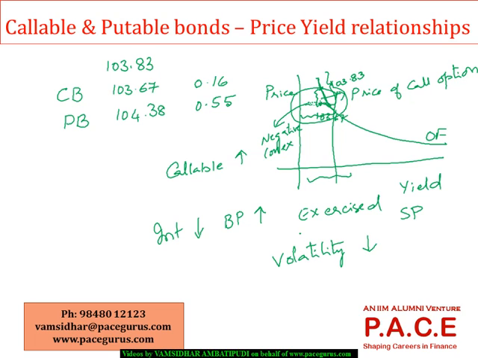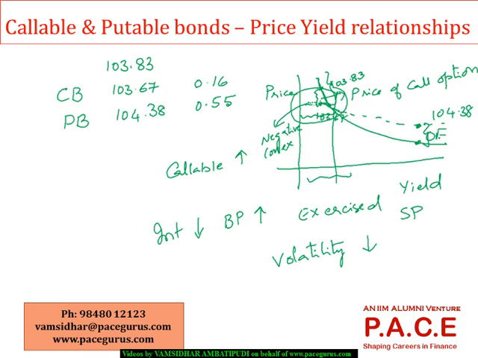In the same way, when we look at a putable bond, after a certain rate of interest, we see that the value of the putable bond will go up. We have seen in the example that it has gone to 104.38. If this has been here, a putable bond would have been at this level.